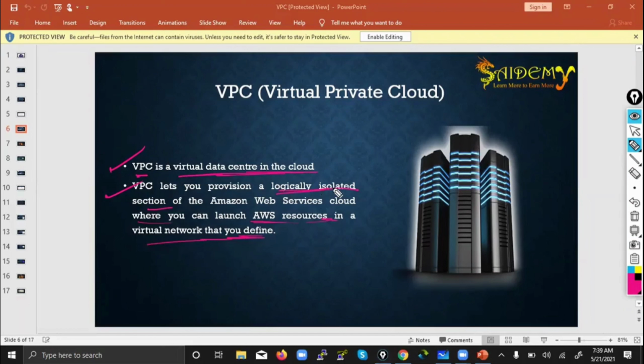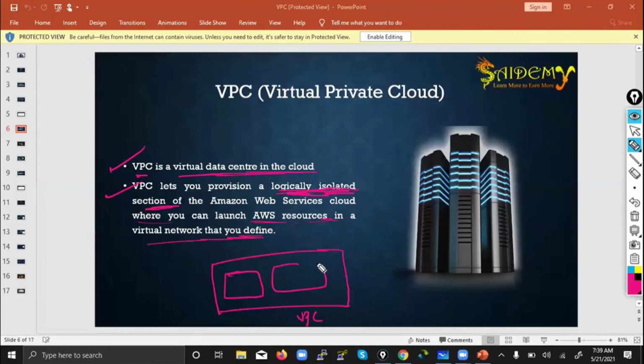So what do they mean by logically isolated section? You are launching VPC. First of all, that is logically isolated because it's a separate network. Again, inside that you are defining your characteristics. One should be private, one should be public. And again, in them, you are launching resources as per your business requirements. Some web servers in public, some database servers in private, in a virtual network that you define.